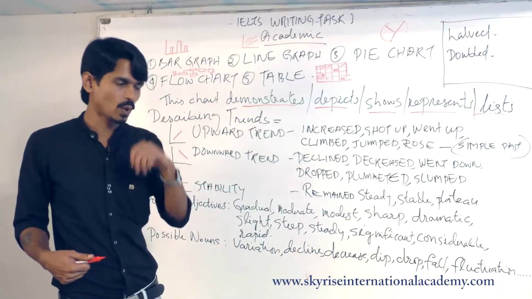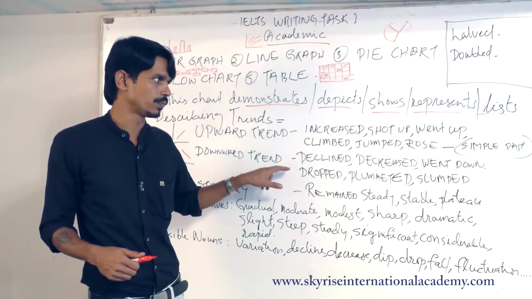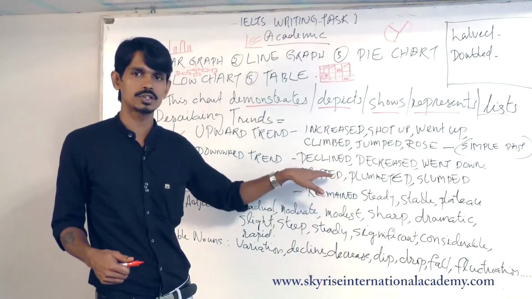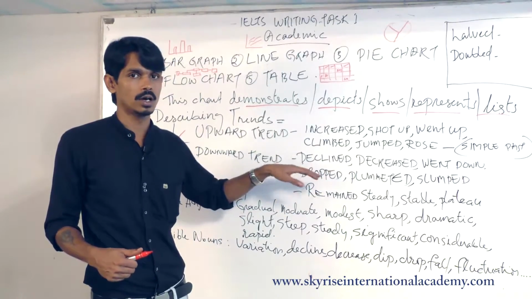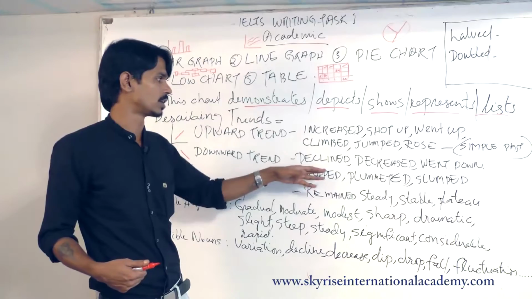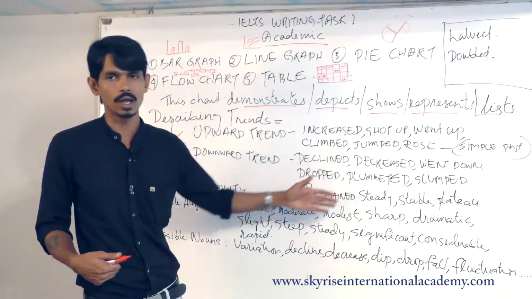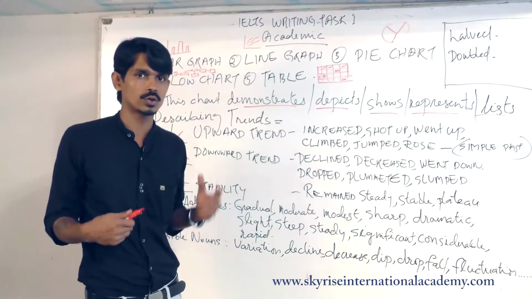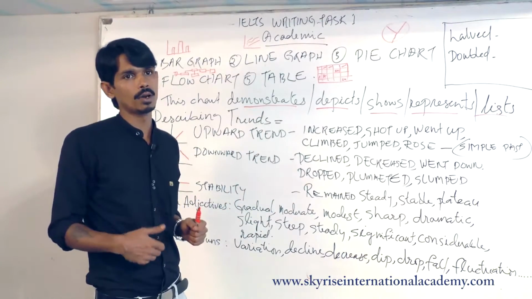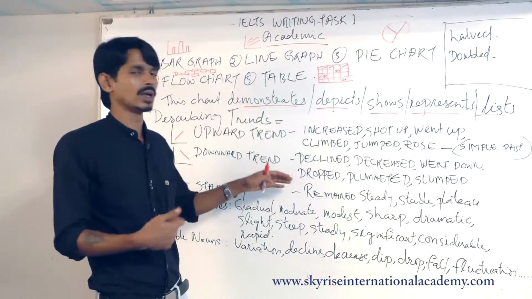So why I'm giving all these words together is that you might be required to use the similar type of words in the essay several times. So instead of using declined every time, you could use decreased, went down, or any of these variants. It is always good to have vocabulary which you will be able to substitute in the place of one single word.